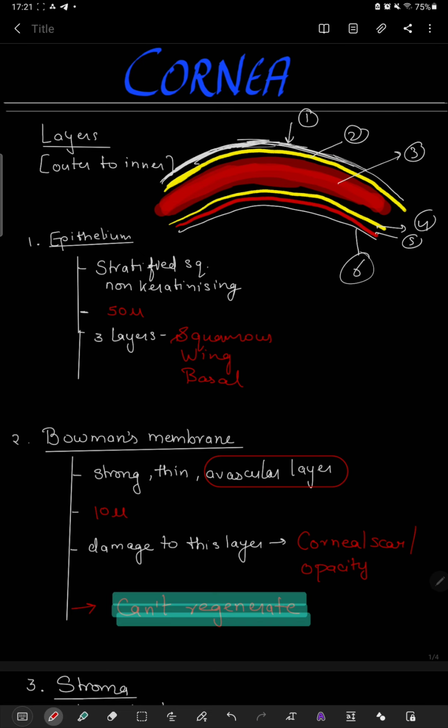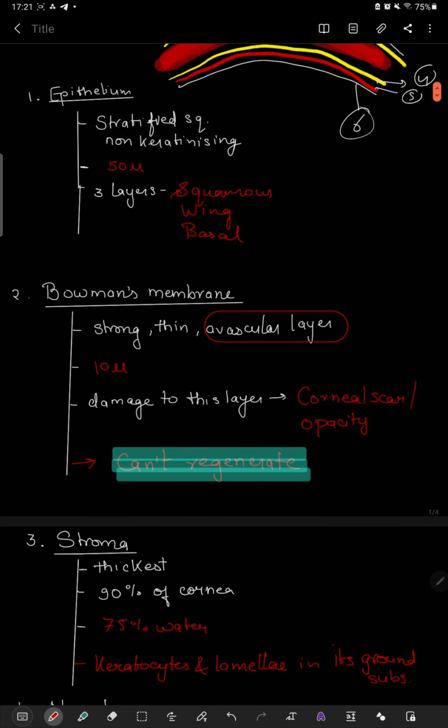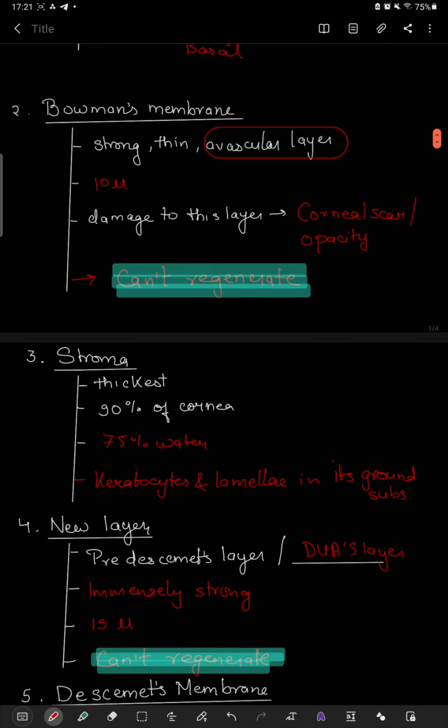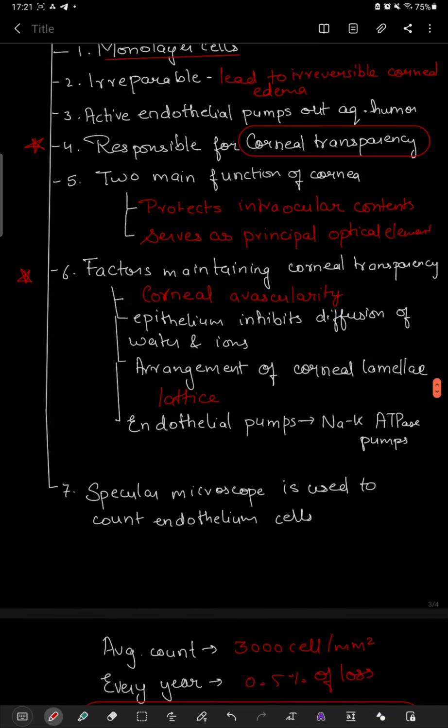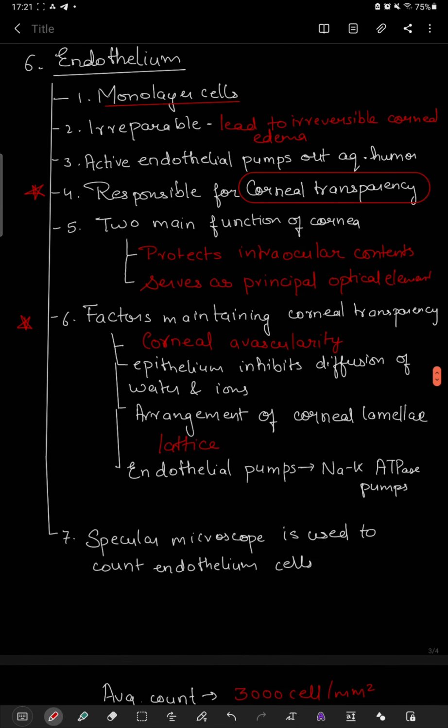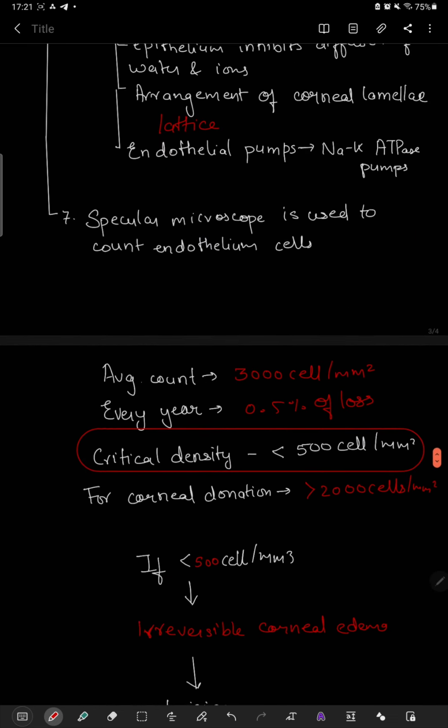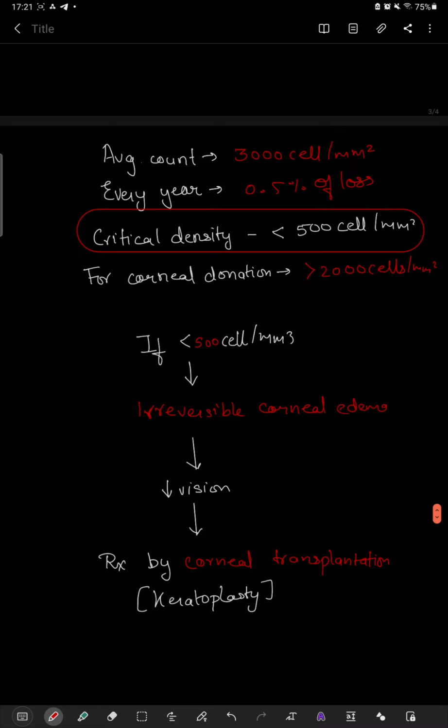We talked about the significant points related to these layers, the factors relating to corneal transparency, and what happens when the corneal cell density decreases below 500 cells. Thank you.